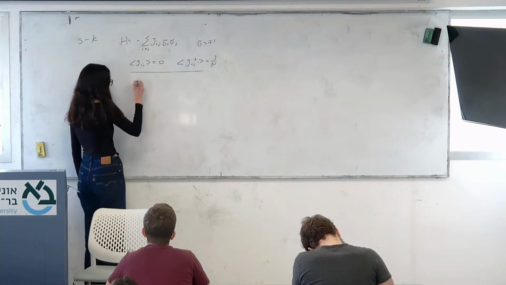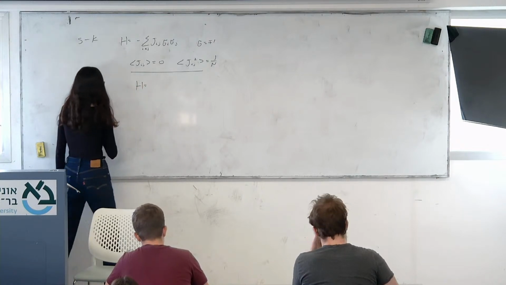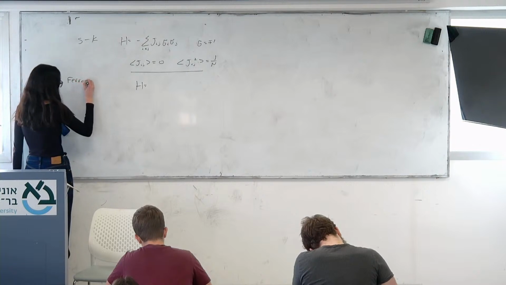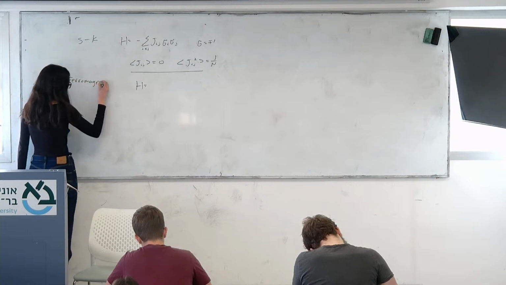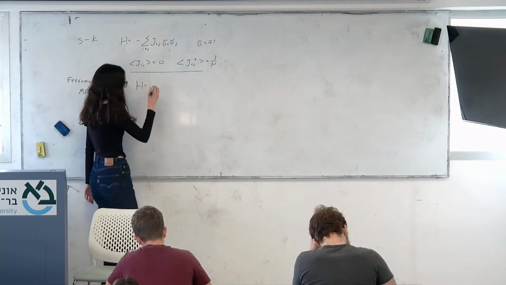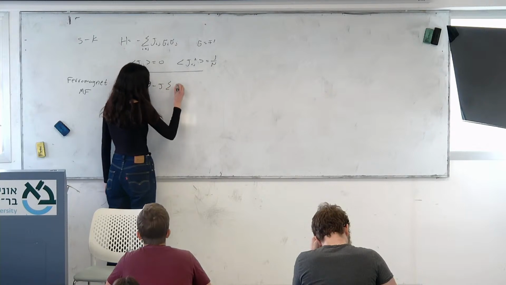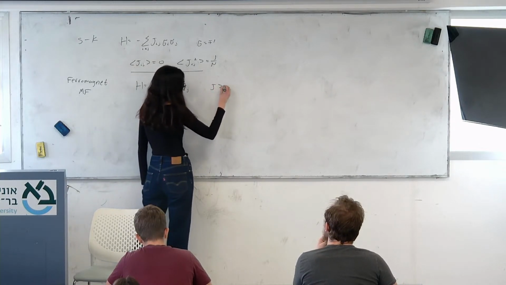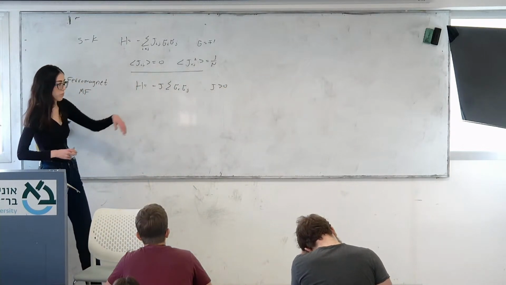Anyway, let's do something very, very simple. Let's say we have a Hamiltonian. This is the ferromagnet mean field, where J is larger than 0. So this is the normal ferromagnetic Hamiltonian.